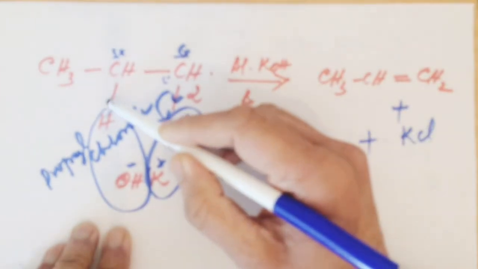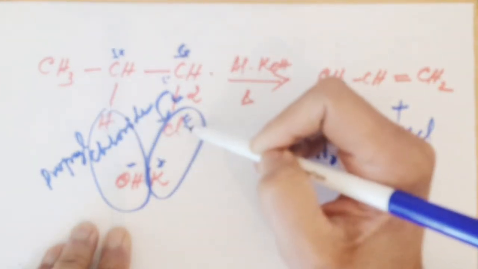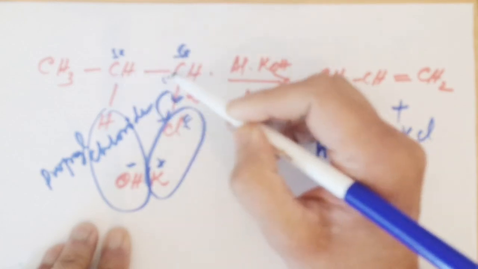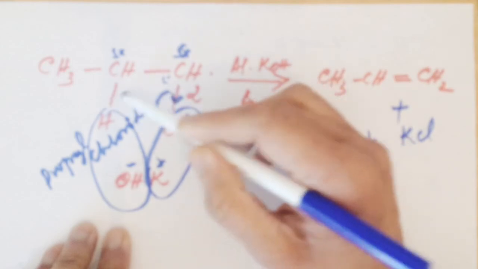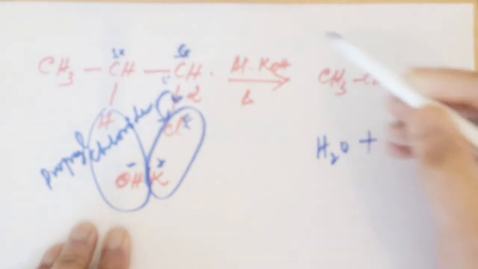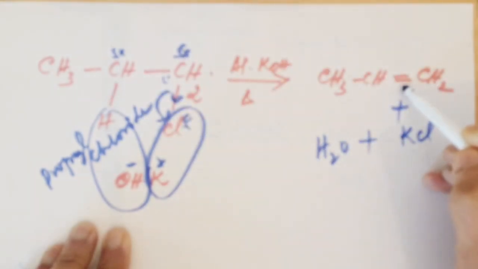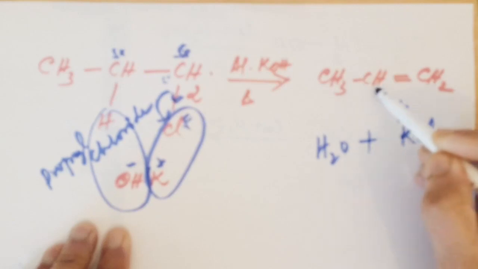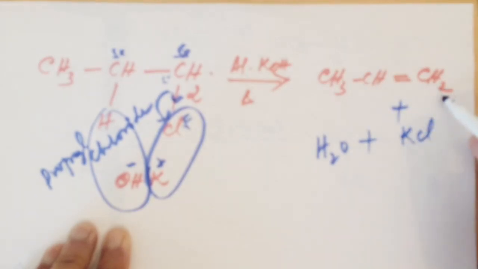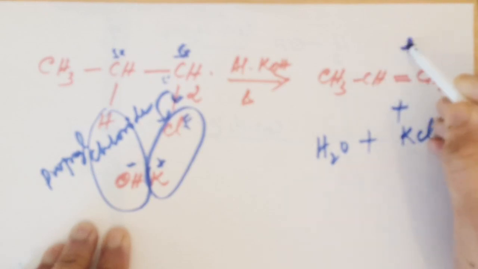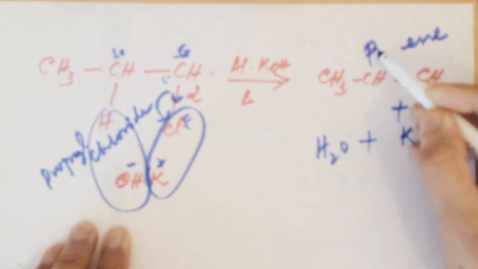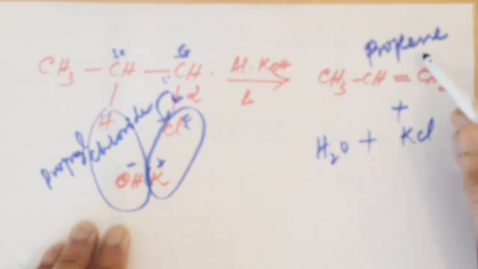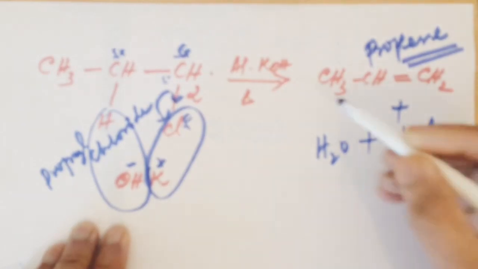And after removing hydrogen and chlorine, each carbon atom has a free valence, and those valences combine together and form an additional bond here. So we will be having CH3CH=CH2. So it's a double bond compound. That's why it's called ene, because it contains 1, 2, 3 carbons. We use prop, so it's called propene.